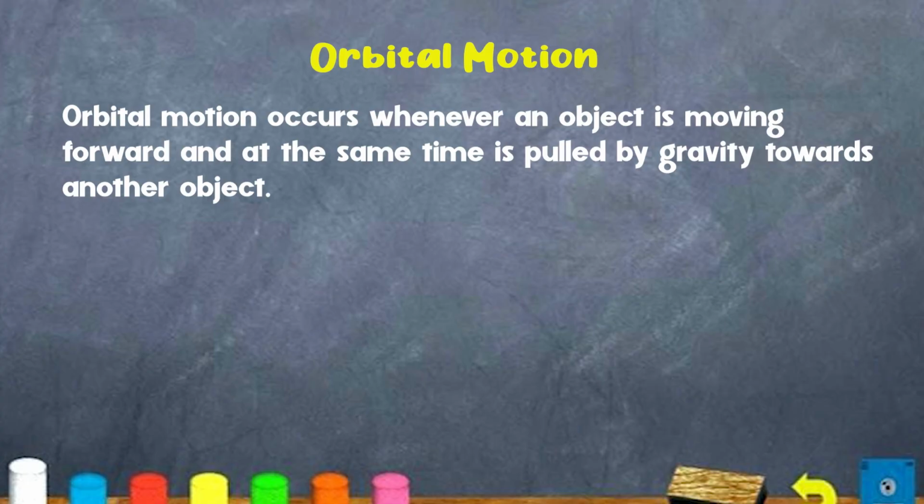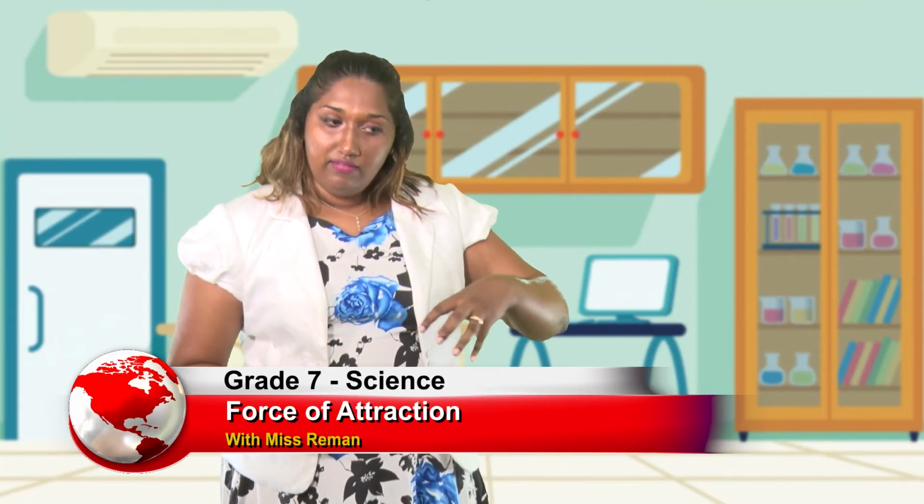Now, orbital motion occurs whenever an object is moving forward and at the same time is being pulled by gravity towards another object. So think of this: Earth is moving in a path, but yet it's being pulled towards the Sun.